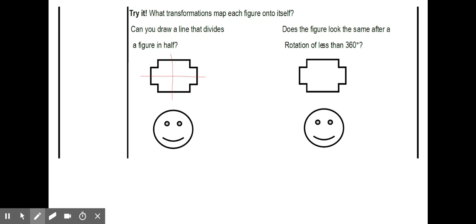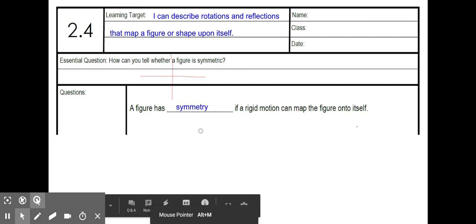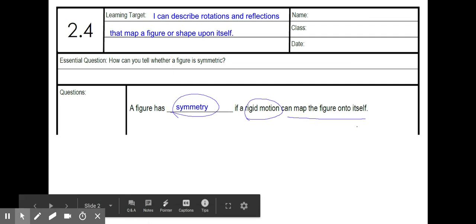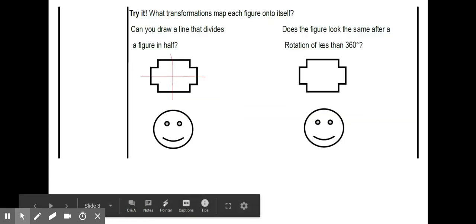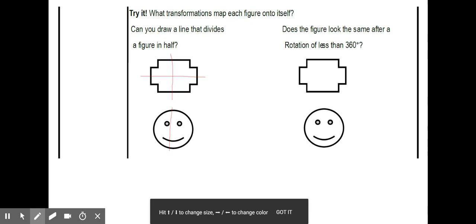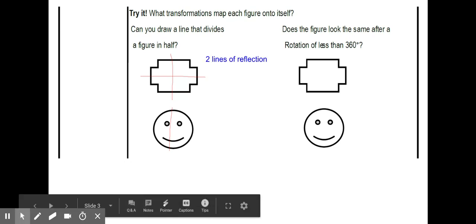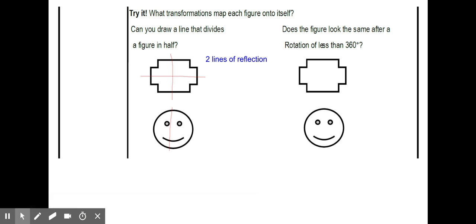The smiley face is a little bit different. A horizontal line will not put the figure in half, but a vertical line will.